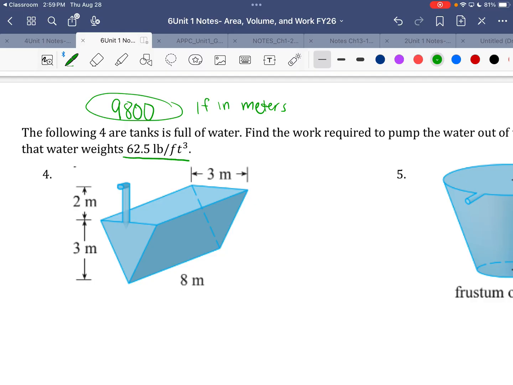So 4 and 6 are going to be multiplying by 9,800 because you see how it has an M? It's going to be 9,800. The density of water is actually 1,000 kilograms per cubic meter, but then you have to multiply by gravity. Obviously, the kilograms is not a force. Yeah, it's multiplied by this.